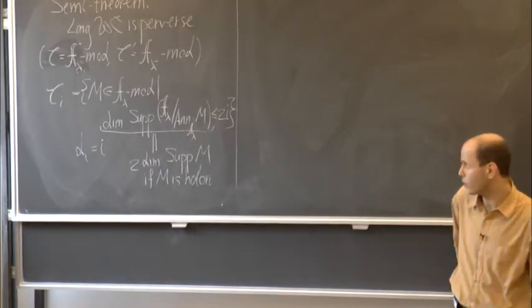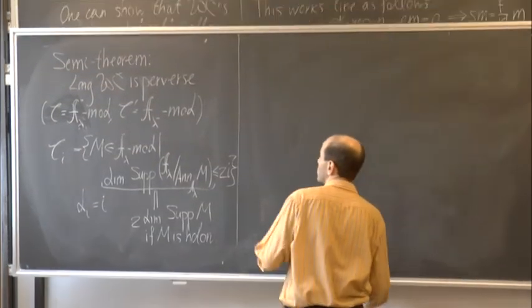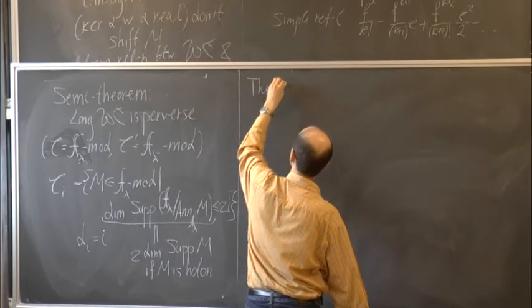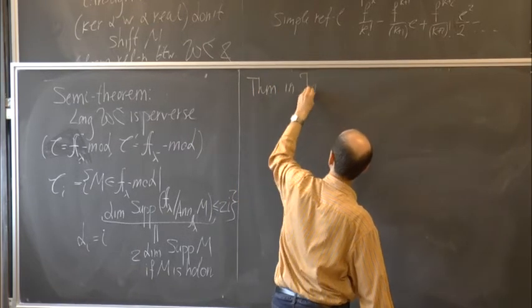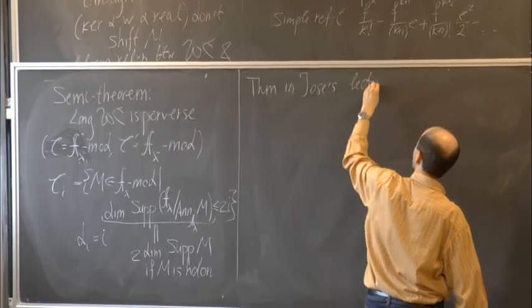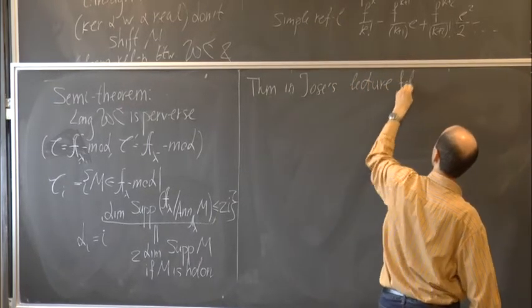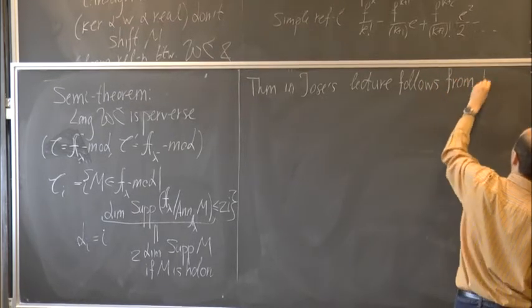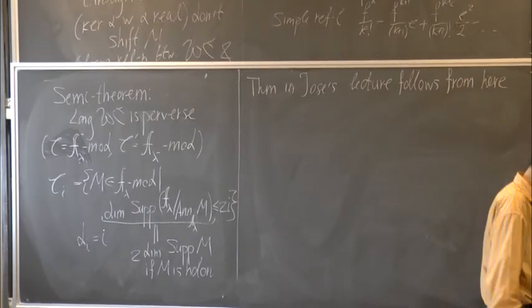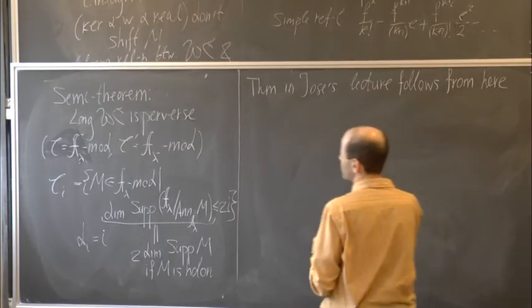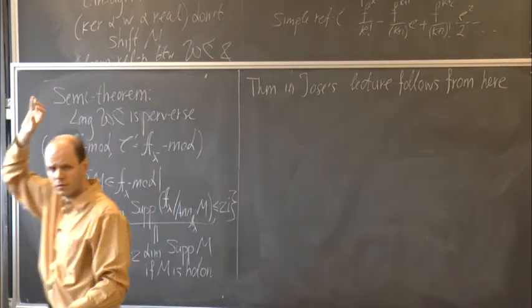And this semi-theorem implies the theorem in Hasse's lecture. So the theorem in Hasse's lecture follows from here. Or maybe I should say that it would follow from here, because this is not yet proved in this context.